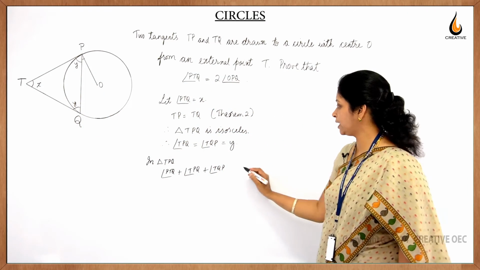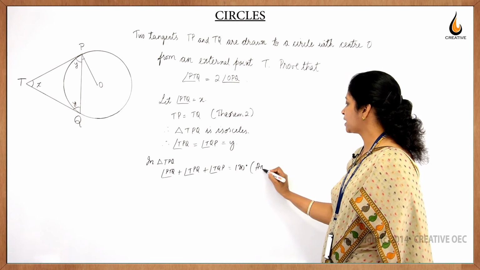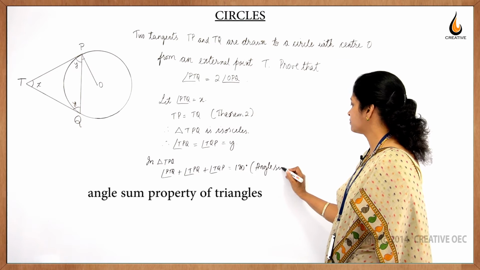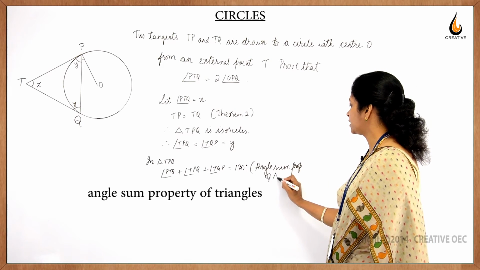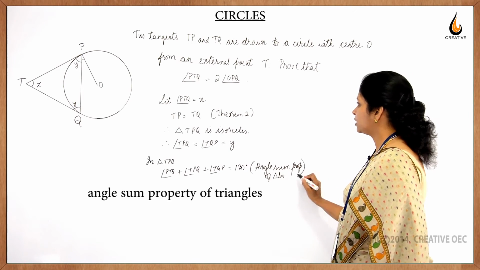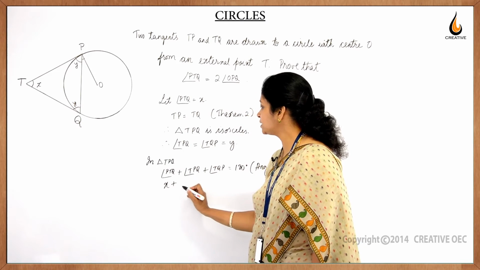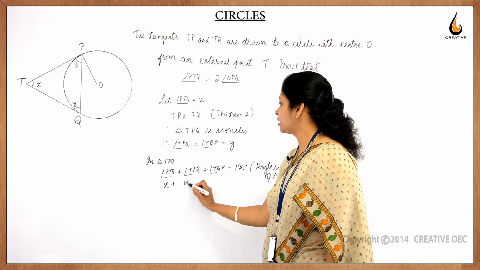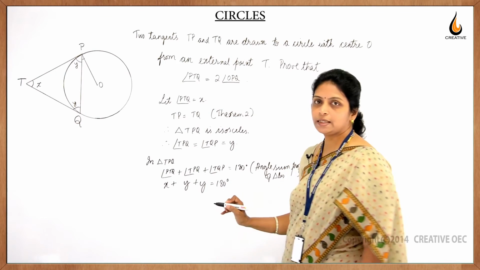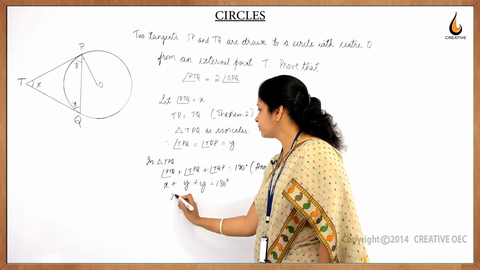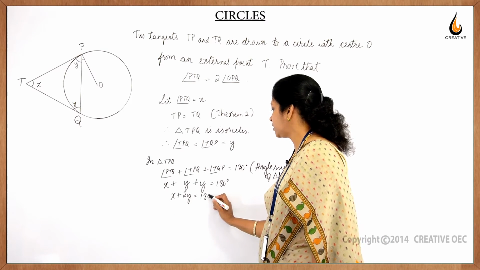If you add all these three angles, it should be equal to 180 degrees according to the angle sum property of triangles. Now, we have taken PTQ to be x, x plus TPQ is y, and this also is y, is equal to 180 degrees. So, this becomes x plus 2y is equal to 180 degrees.